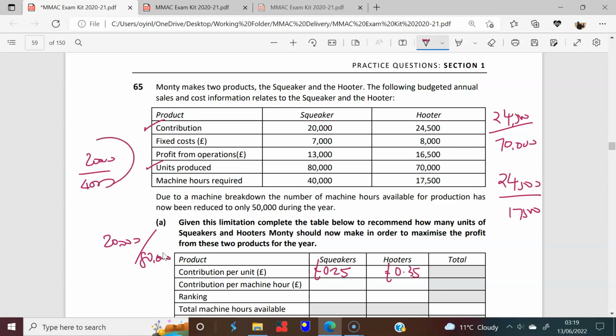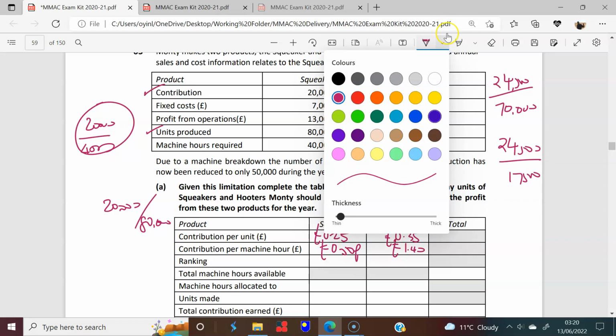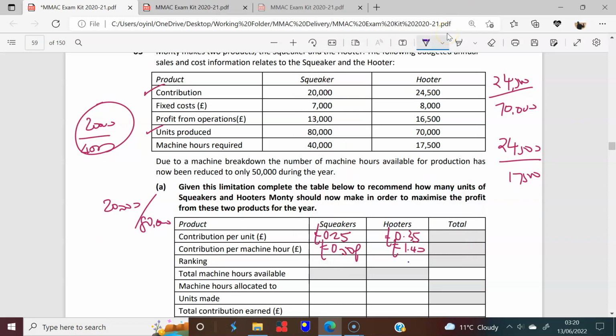This is 0.5, obviously, 50p, and here we have £1.40.